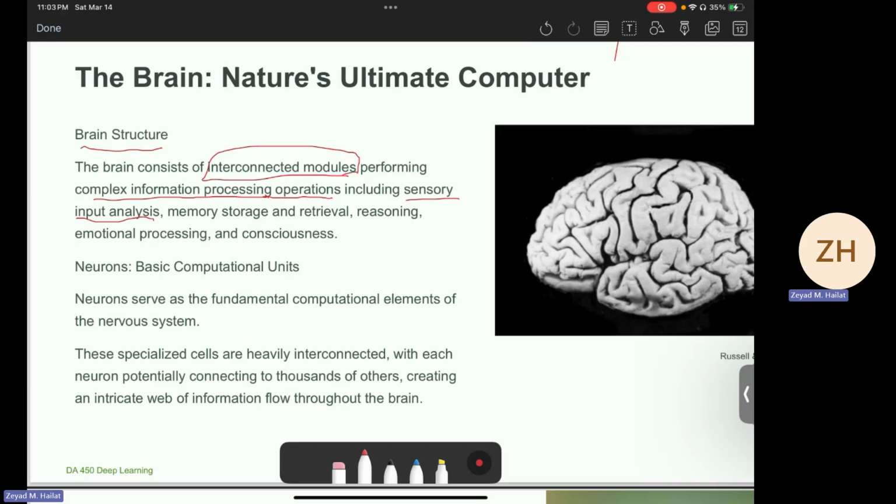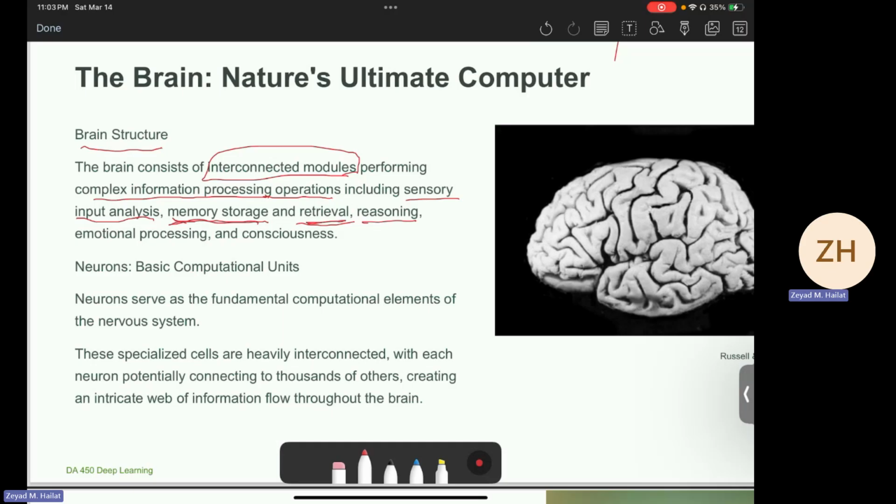Then we have a memory storage within our brain that will save this information, and it should be able to retrieve it and bring it back when we have something similar. For example, if you have an experience with a specific smell, then when you smell it again, that will be retrieved from the memory, and it can make some reasoning, like if-else reasoning.